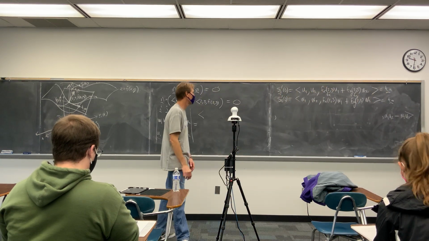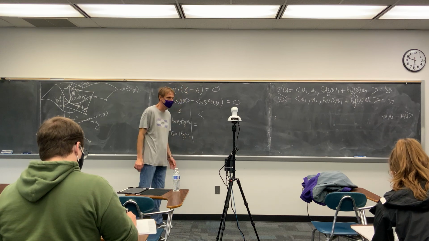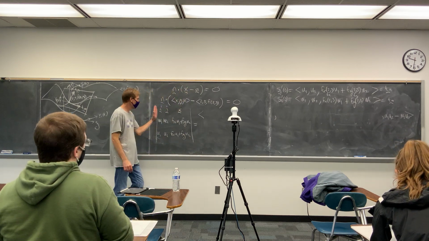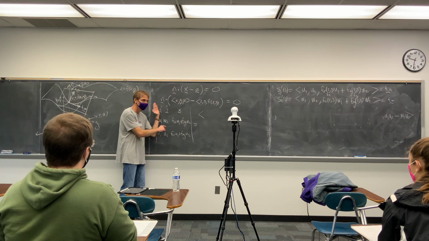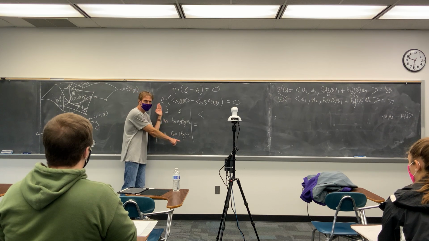Okay, let's start with the first component. I cover up this column, and I would do W2 times that, minus U2 times that.